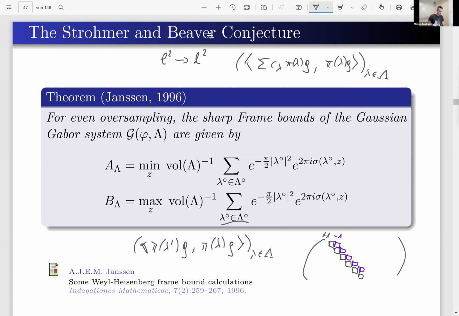And in general, if you have an oversampling rate of P over Q, no common divisors, then these blocks will be of size Q times Q because of these commutation relations. And so what you get is actually, you don't get a Fourier series, but you get a vector valued Fourier series, or a matrix valued actually. And then you need to determine the smallest and the largest eigenvalues. And then you need to optimize these eigenvalues. And the entries of the Q by Q matrix will be of this type.